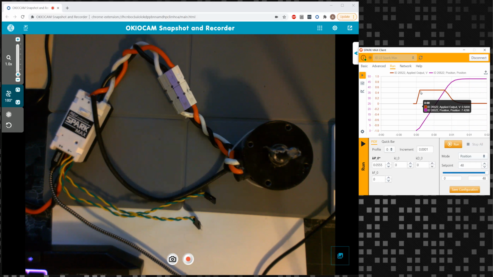The applied output didn't go quite straight to 5.0. There may be some stuff in the Spark Max controller that doesn't make it instantaneous, but, oh no, I think that's just the timestamp. Yeah, that's just how fast it can move. So the only reason that this isn't a straight up and down line is that it's only sampling so often, right?